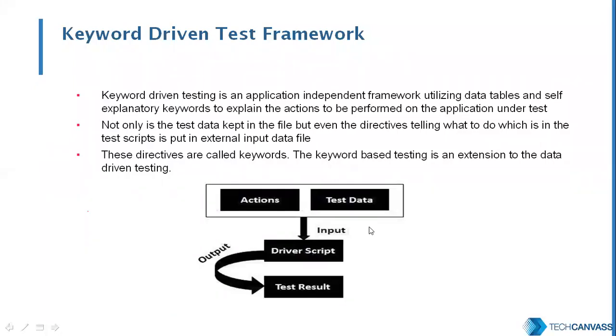So the third kind of automation test framework is the keyword-driven framework. Keyword-driven testing is an application-independent framework which utilizes data tables and self-explanatory keywords. Let us break the test cases into specific steps. For example, login would include send keys for username, then send keys for password, and then click on the login button.